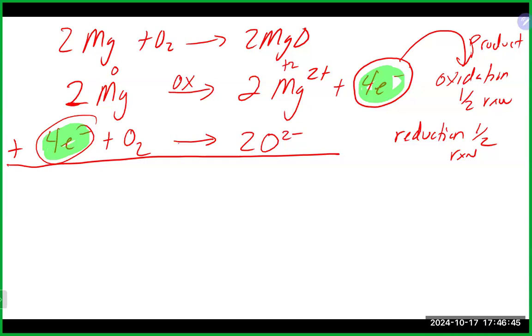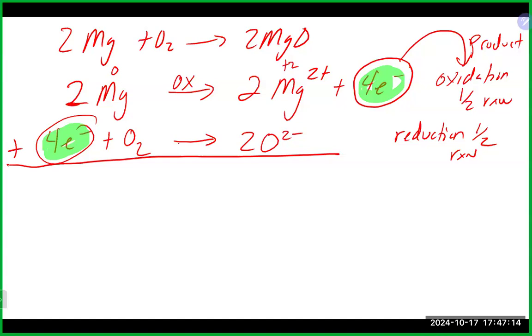In certain cases, you sometimes need to multiply a half reaction by a number to get the electrons to be the same. For example, if my first half reaction had 1 electron and my second one had 2 electrons, I would need to multiply the top half reaction by 2 all the way across everybody to get 2 electrons so that we have the exact same number.